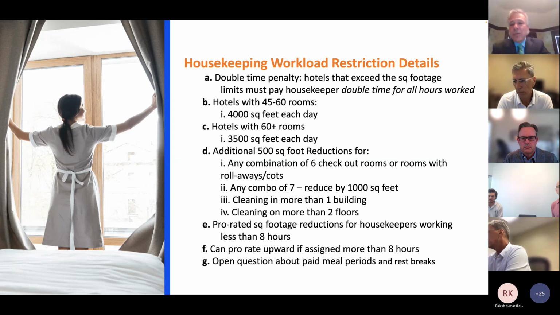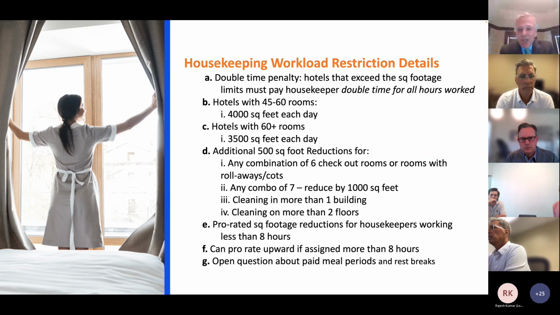So if you have 3 checkout rooms and 3 rooms with rollaways and cots made up by a single housekeeper, you need to reduce your square footage by 500 square feet. Similarly, if they have some combination of checkouts and rollaways that equal 7, that's a 1,000 square foot reduction to their daily square footage allotment.